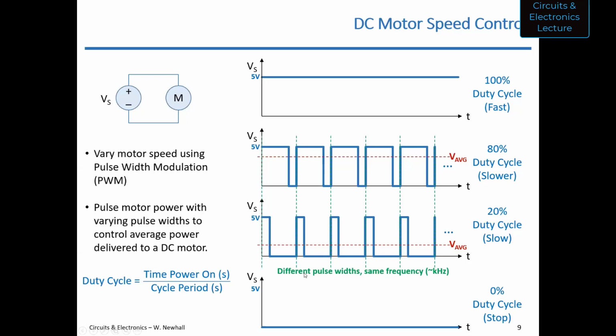You can create a magnetic field, and you can have a permanent magnet on the rotor, and you can move the magnetic field. You can energize different coils around the outside of a motor and make the rotor turn. And there doesn't need to be any current going through the rotor, so you don't need brushes.